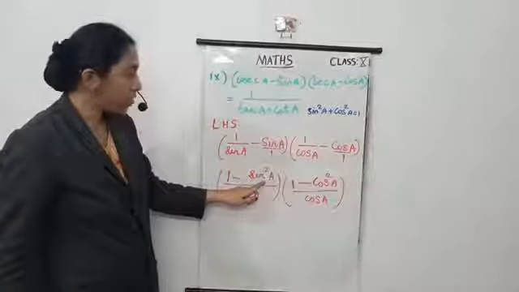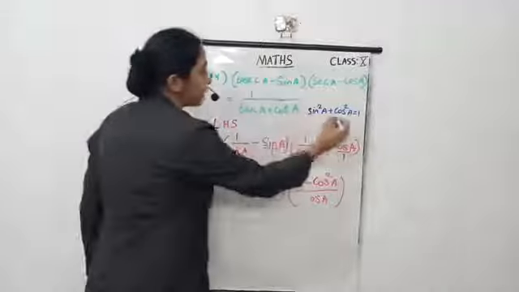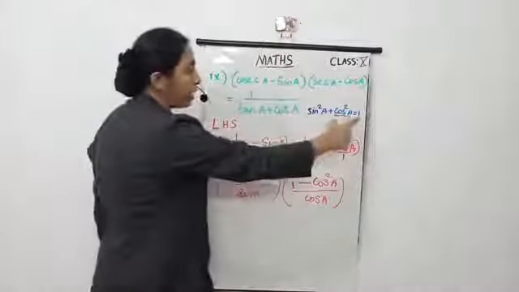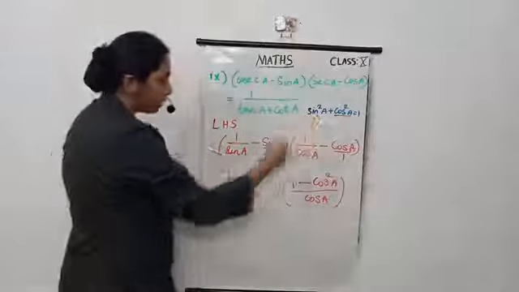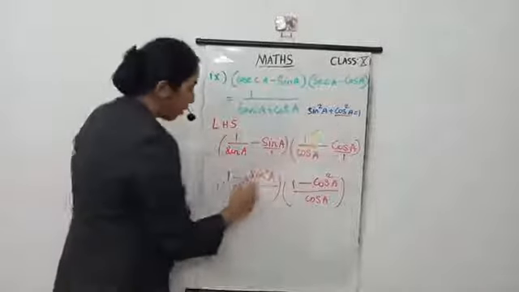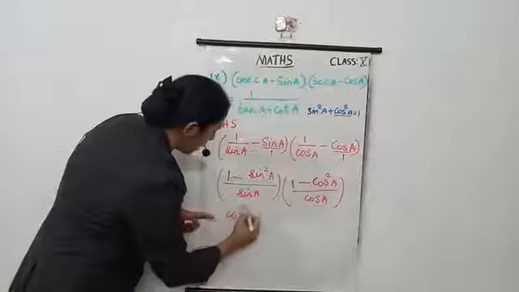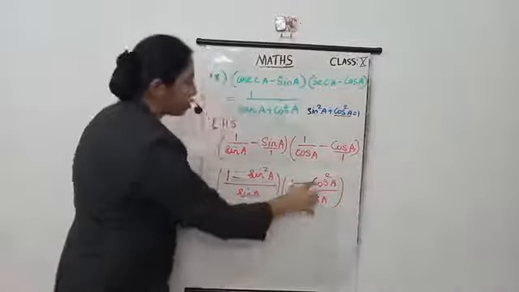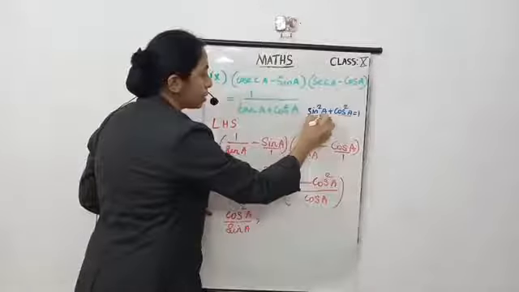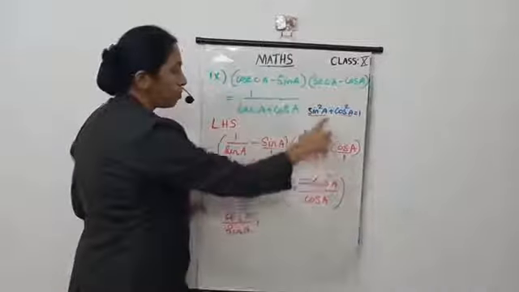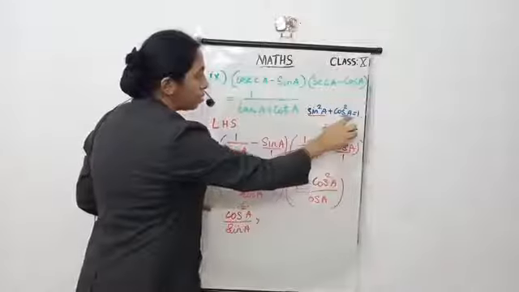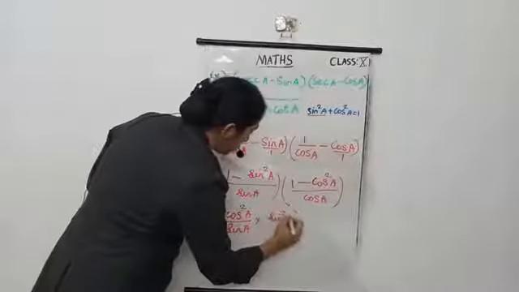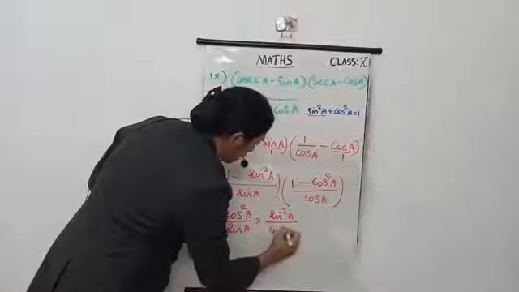Here, 1 minus sin square A: if we take this cos square A and transpose sin square A to the right hand side, we get 1 minus sin square A. That is, 1 minus sin square A is cos square A. So replace this with cos square A by sin A. Also here, transposing cos square A to the right hand side, we get 1 minus cos square A is sin square A. So replace here with sin square A by cos A.